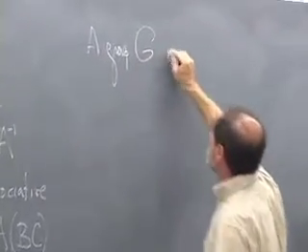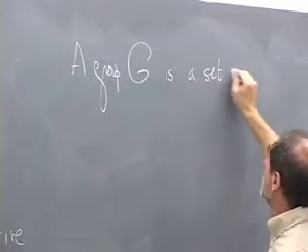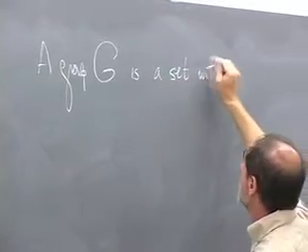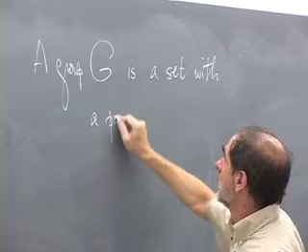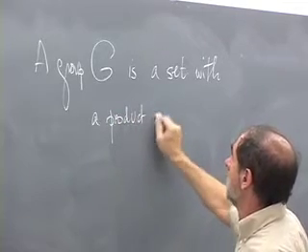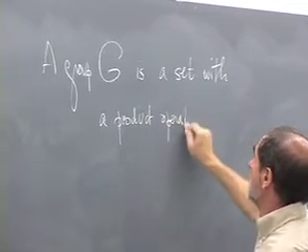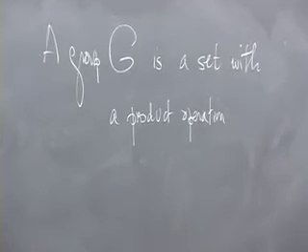G is a set with a product operation. So if you have 2 elements in the set, you can take their product, not necessarily commutative.